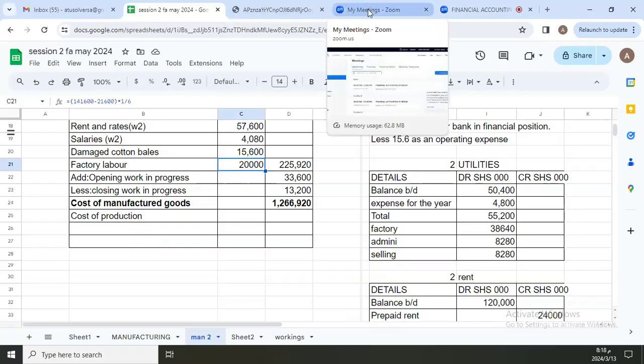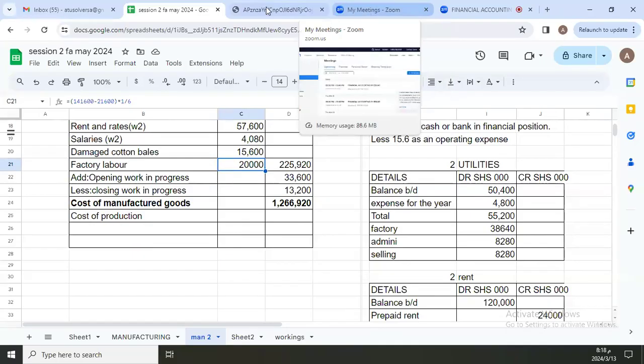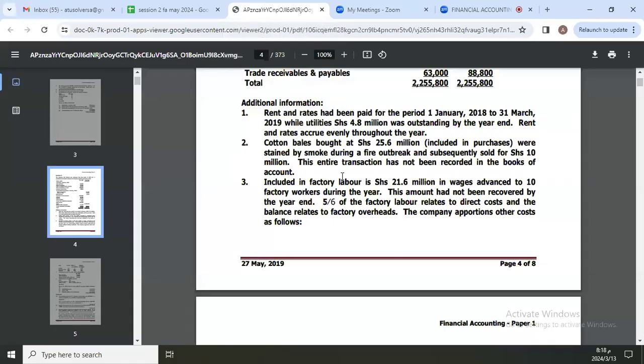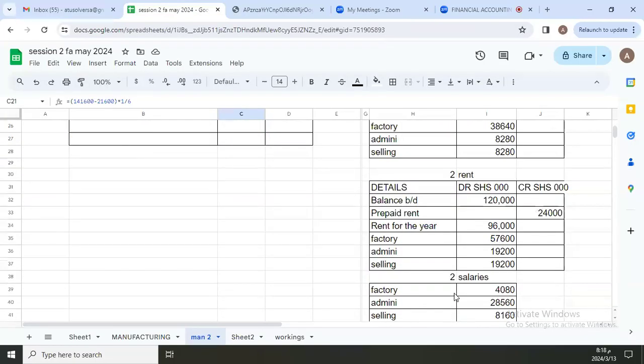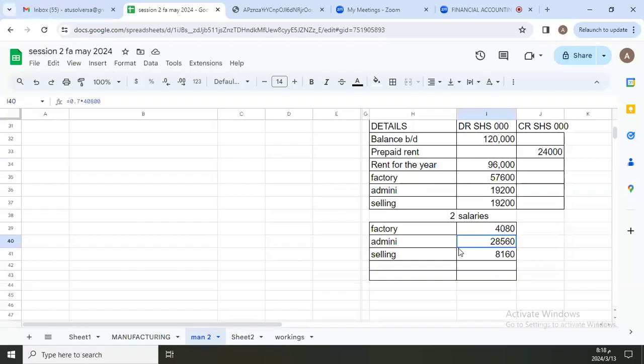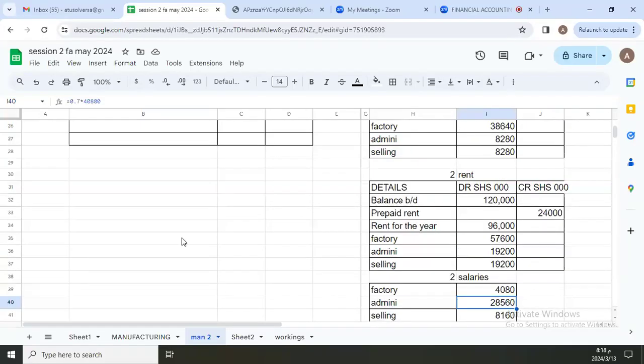Okay? I think I see the confusion. Why she asked that is we calculated twice under factory wages. It was the same formula: 1 divided by 6 times 141,600 minus 21,600, giving us 20,000. It was the same. Here under salaries and wages, we wrote it as factory wages.